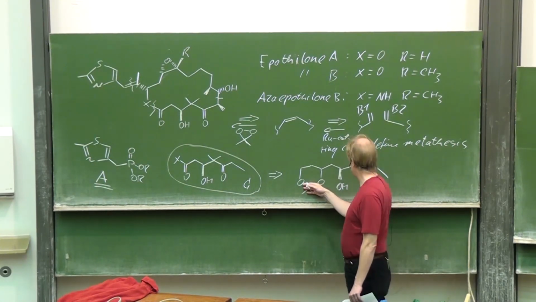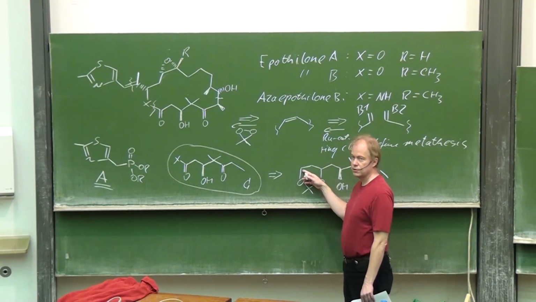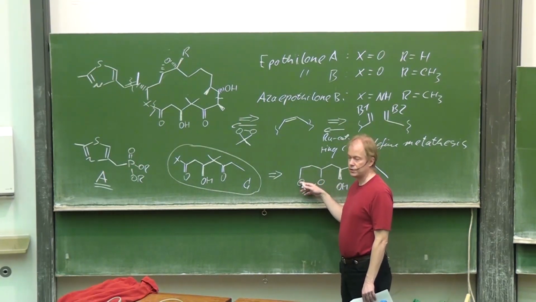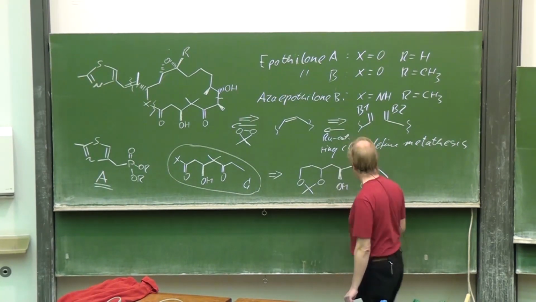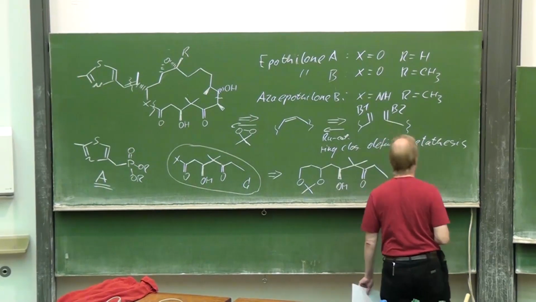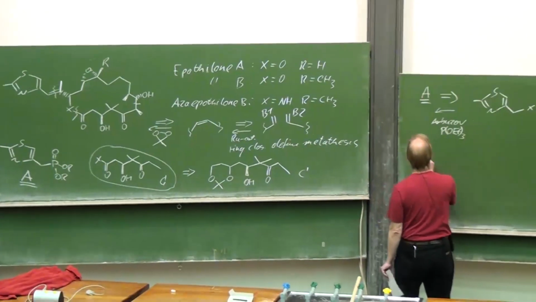Later on deprotect and then selectively oxidize at that primary alcohol. No problem then. Okay, let's call that C prime.